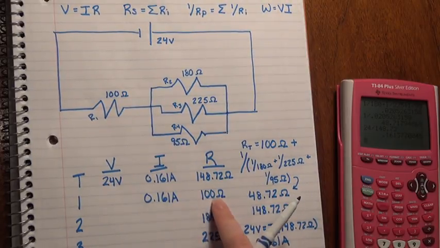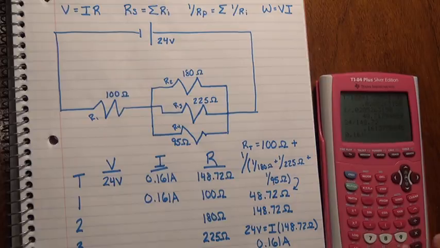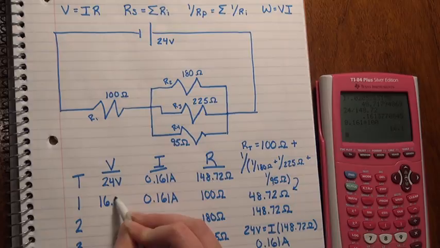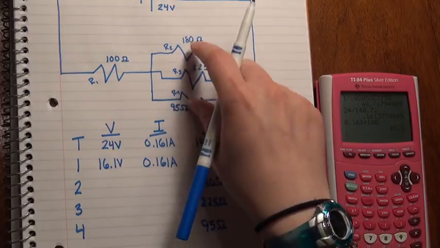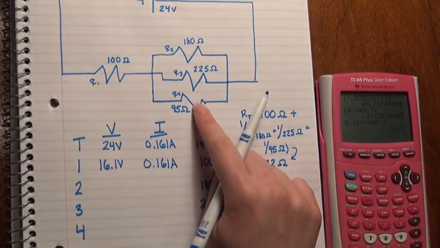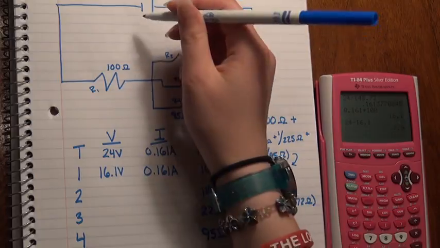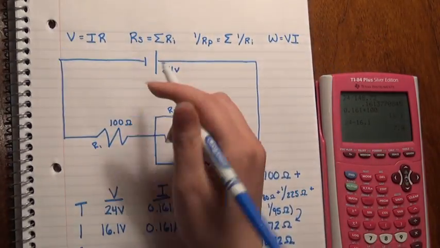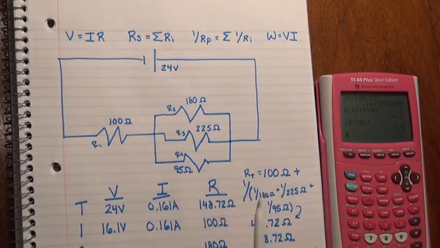And then once again, using Ohm's law, we can calculate the voltage across resistor 1. And so that's going to be 0.161 times 100, which gives us 16.1 volts. Now, what this means is that for the parallel circuit, we will have 24 minus 16.1 volts remaining, or 7.9 volts across each path, since we know that from one end of our power source through the circuit to the other end of the power source, all 24 volts must be used.